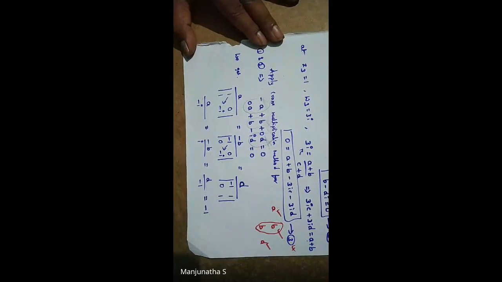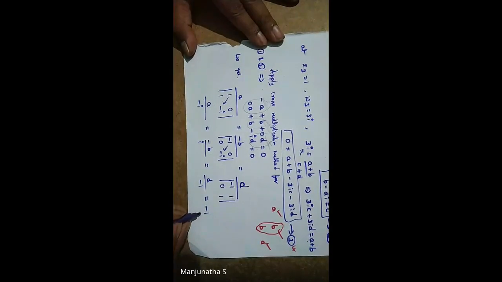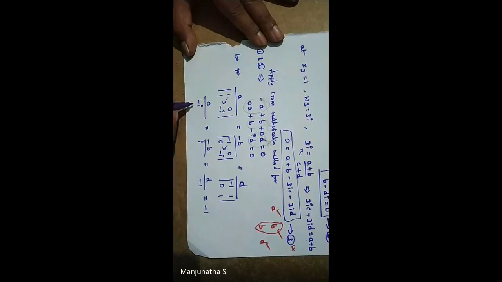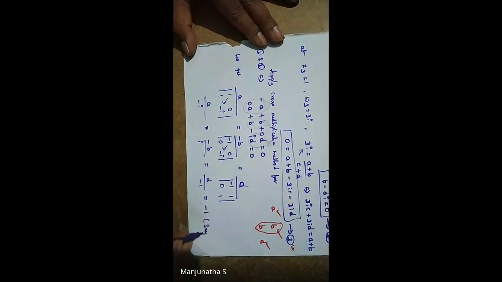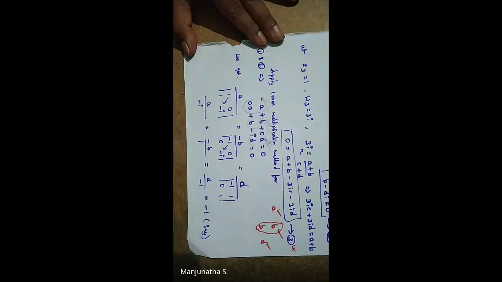See here, I took minus 1 instead of plus. Why I took minus 1 means the domination of the negative sign is there in all the sides, correct? So here also minus, here also minus, here also minus. When I equate to minus 1, I'll get a positive value. So only I'll do that. Or else you can take 1 also, you'll get negative values and you can substitute. That's your wish. Okay, so let it be equal to minus 1.